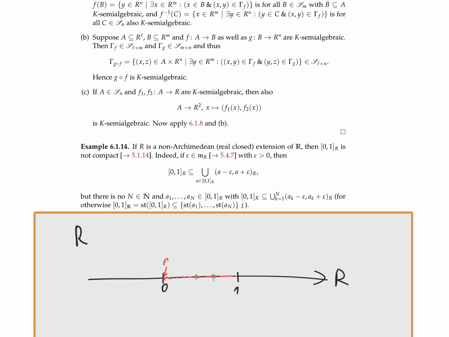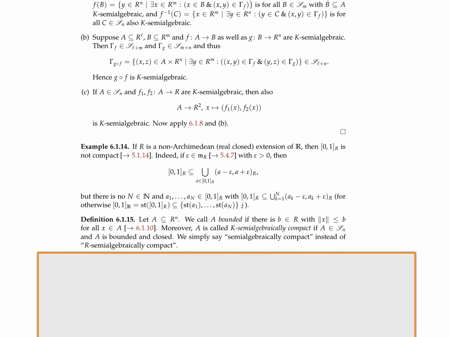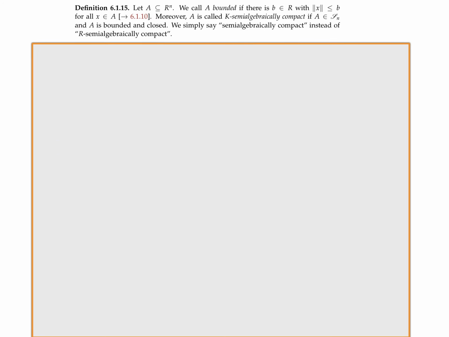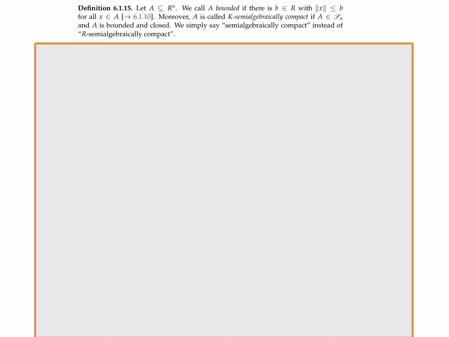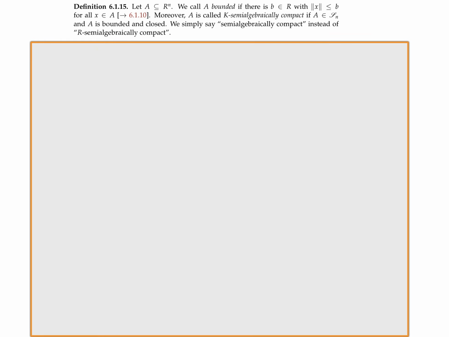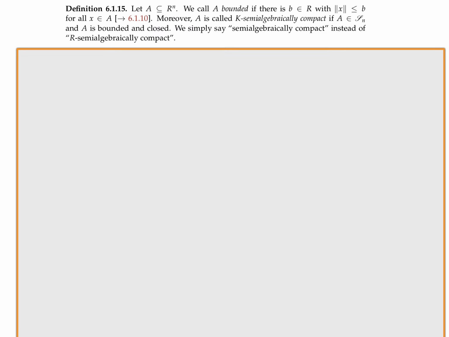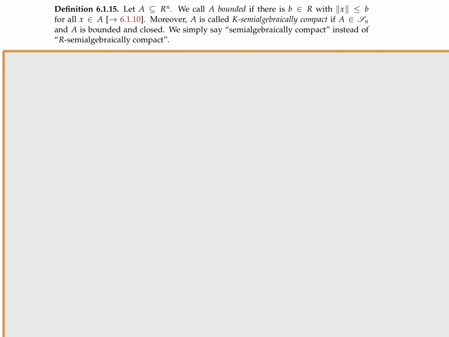Good, so maybe we should therefore conceive another notion of compactness, and that's the idea, just to mimic the definition which you have probably learned as a freshman, at the university.